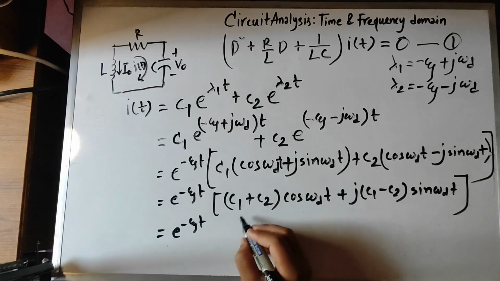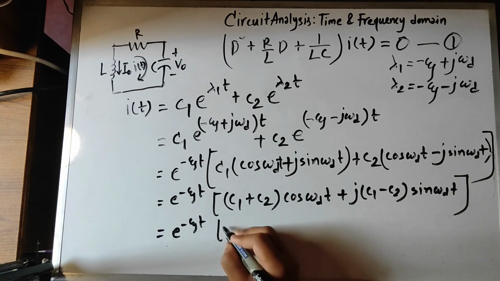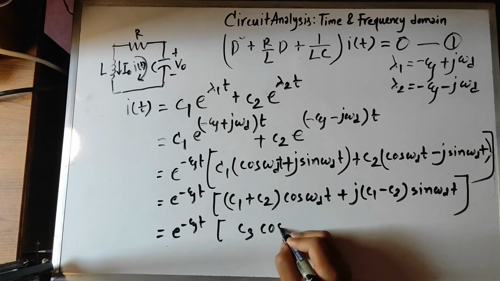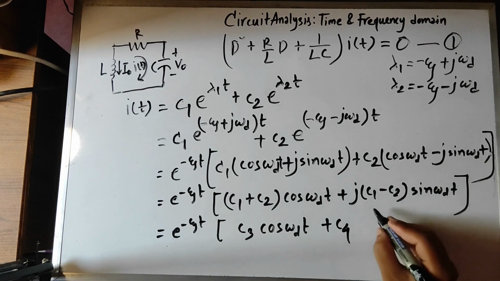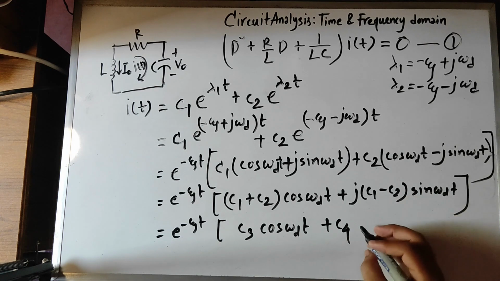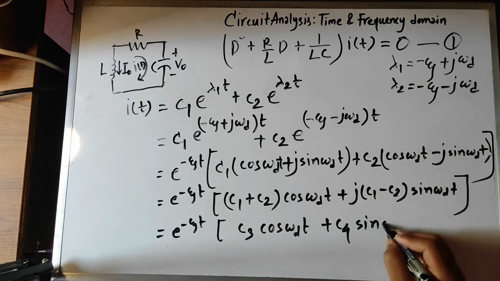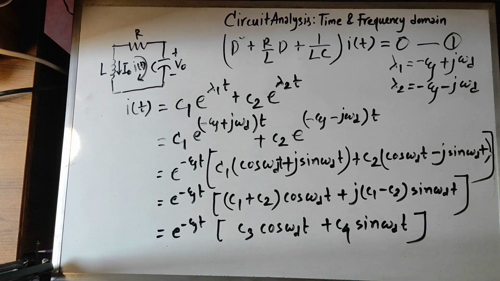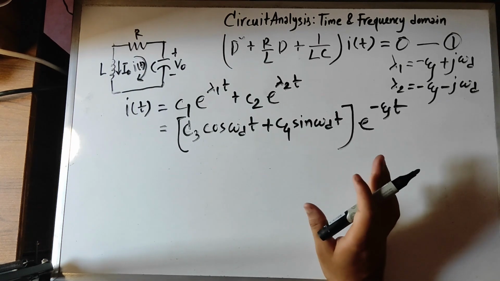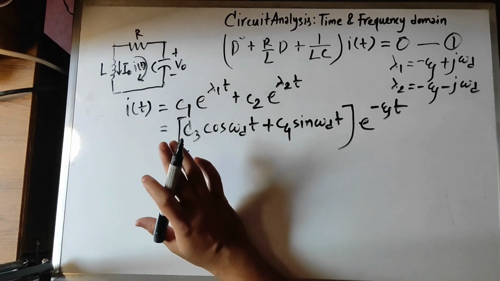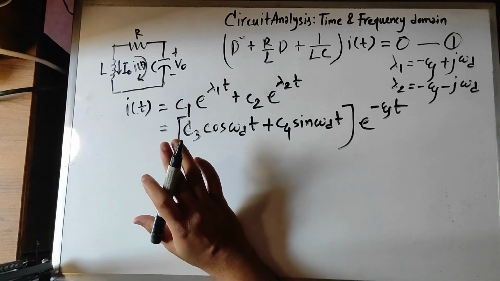Let us replace C1 plus C2 by C3, and j C1 minus C2 by C4. So C3 cos omega d t plus C4 sin omega d t. This is the rearranged final form of the response, our mathematical solution for the series source free RLC circuit.